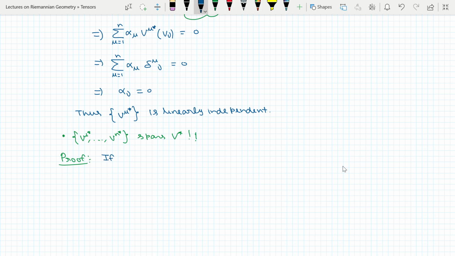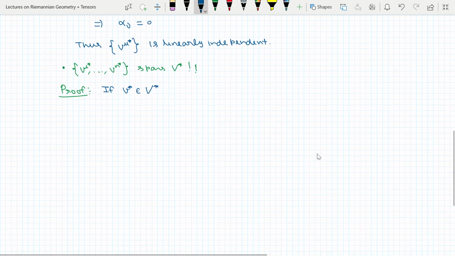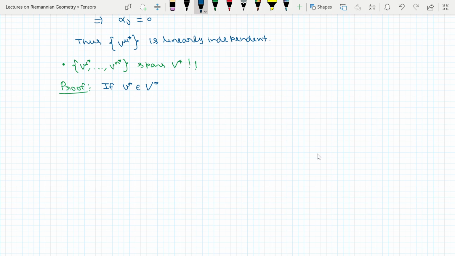What I am saying is that if I have some element, let's say V star, belonging to V star, and if it is indeed true that this set from V1 star to Vn star spans V star, then I should be able to write V star as a linear combination of these elements V mu star, right?